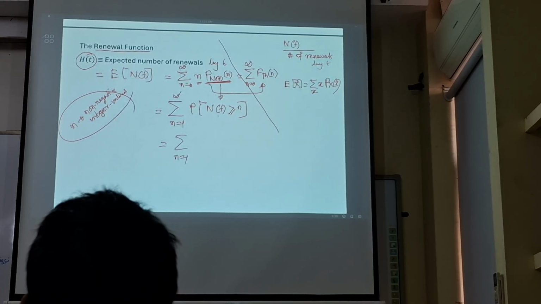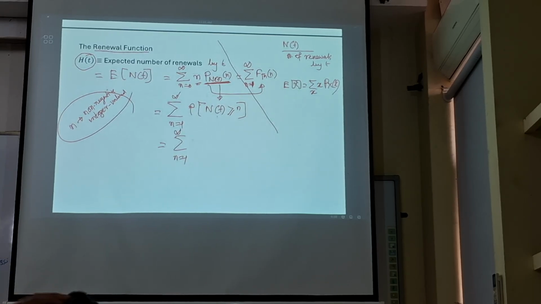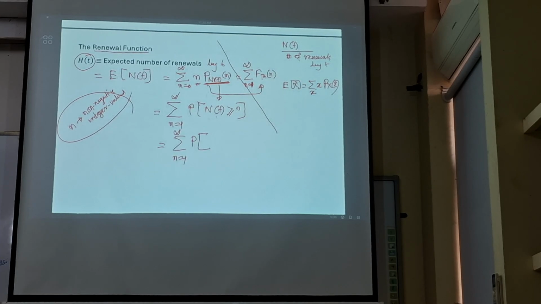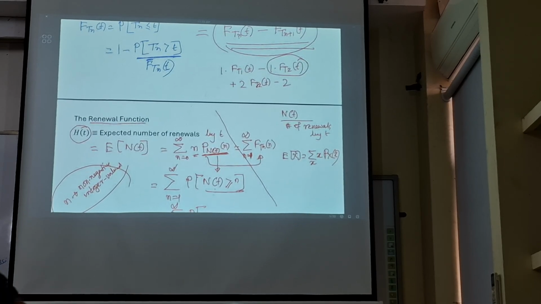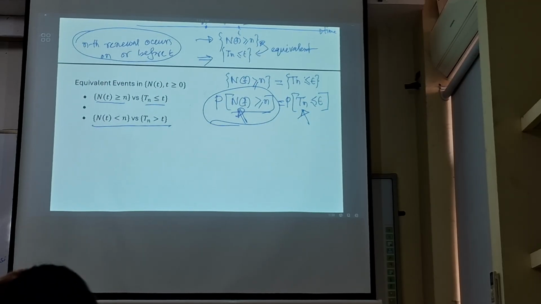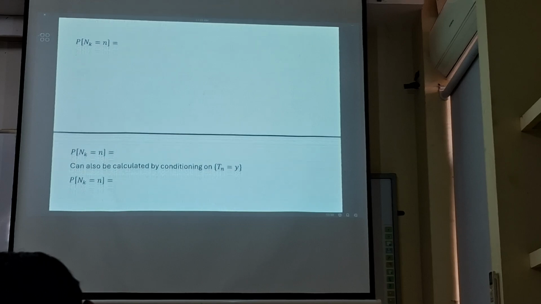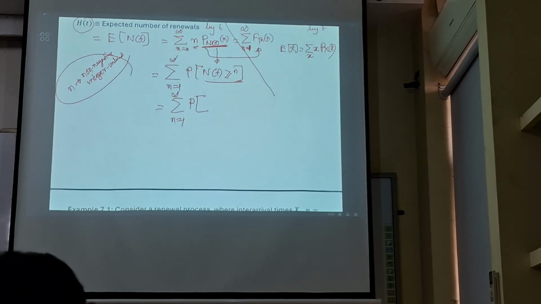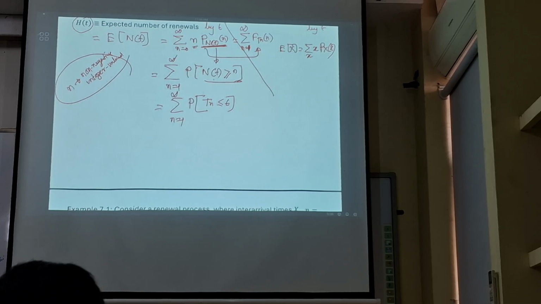Once again, n equal to 1 to infinity. This one is the probability that, as we have already proved, N(t) is greater than or equal to n, which is the same as T sub n is less than or equal to t. So what we can write, P of T_n less than or equal to t, which actually is the CDF.